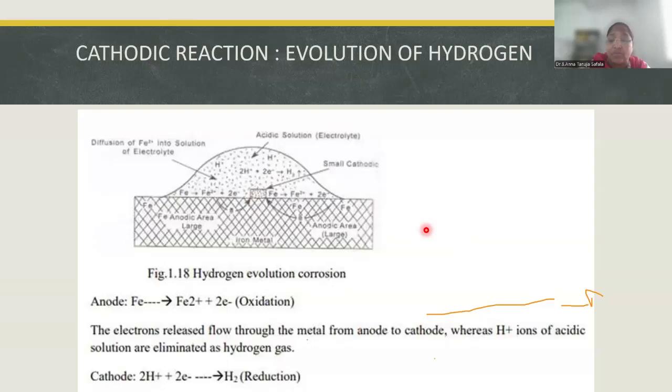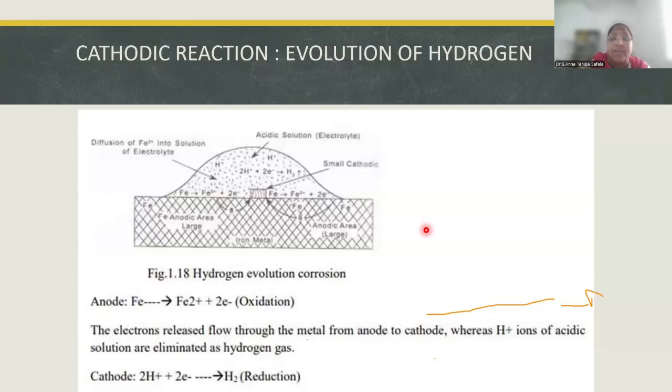There may be the formation of FeSO4 or Fe2(SO4)3. So ferrous sulfate or ferric sulfate will get formed along with the evolution of hydrogen at cathode. So this is about the cathodic reaction mechanism through the evolution of hydrogen.